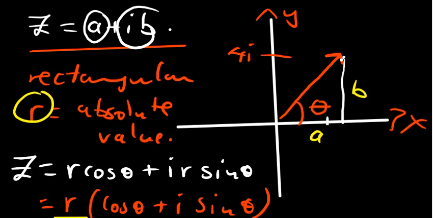So now it's a matter of finding the value of theta only. If you go back to your vectors, what did you say about finding the angle theta? How do you find it? It's tan inverse of b over a, or y over x. Can we remember that concept?